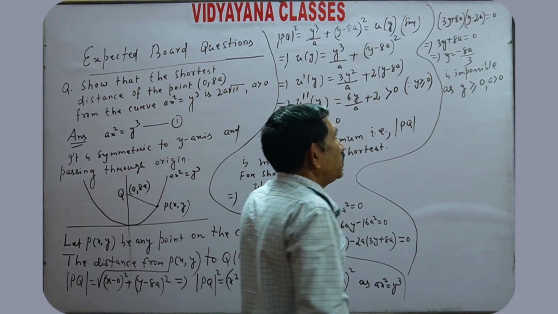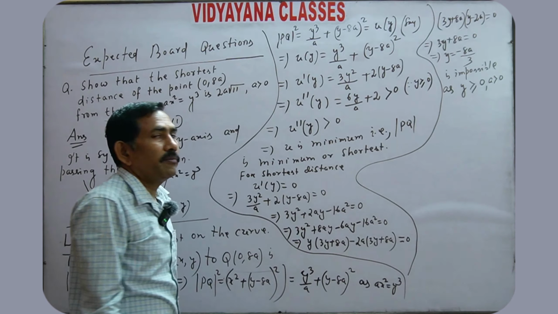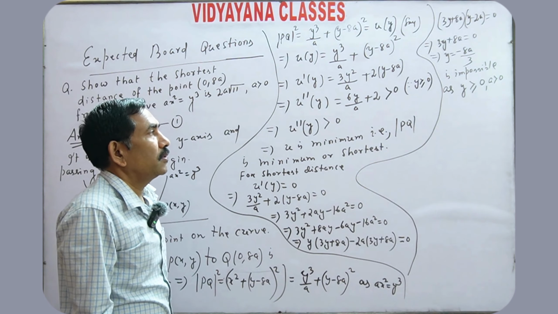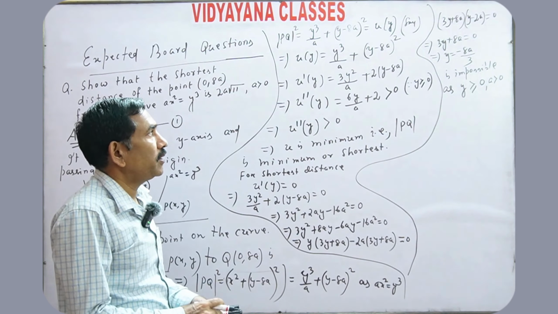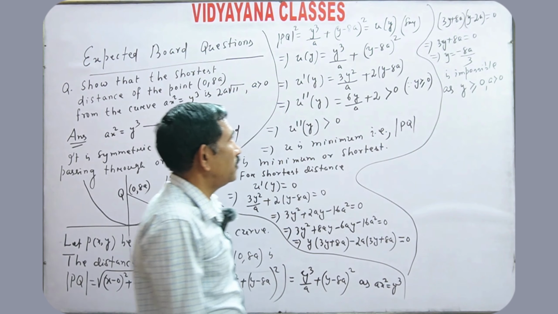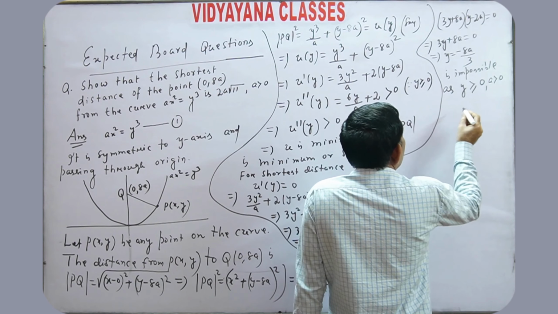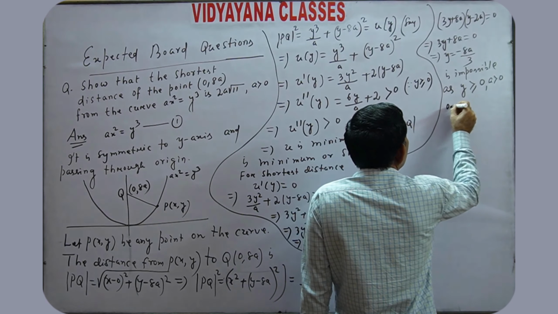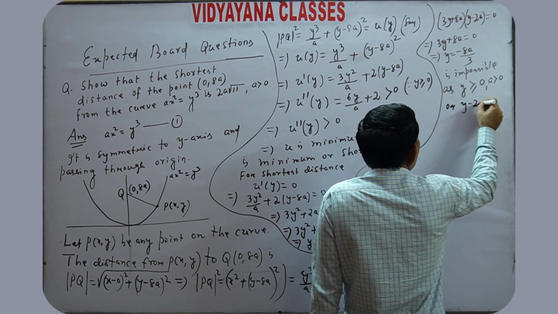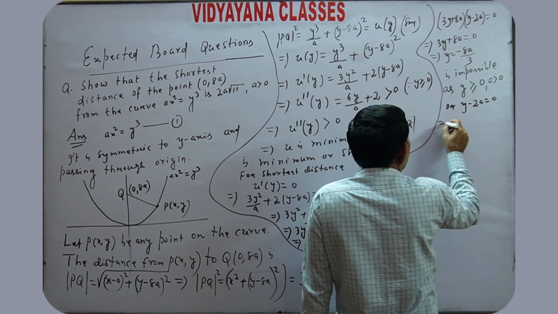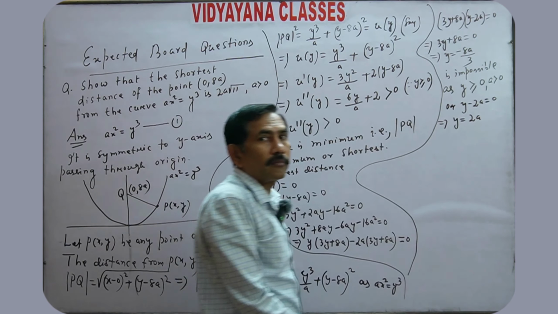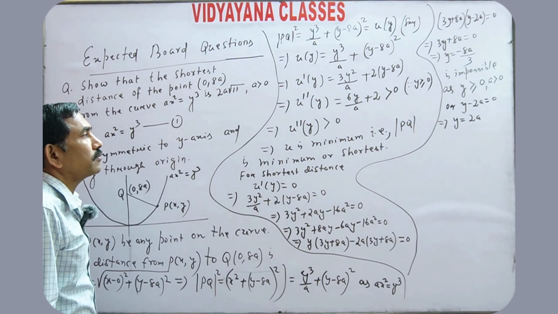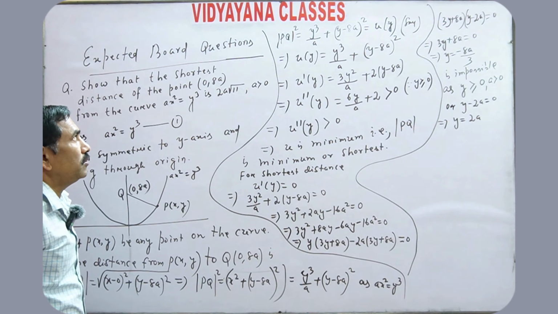When a is greater than 0, y will be negative. So y equal to −8a/3 is impossible. Now, or y − 2a is equal to 0, which implies y is equal to 2a. Clear? y is equal to 2a.